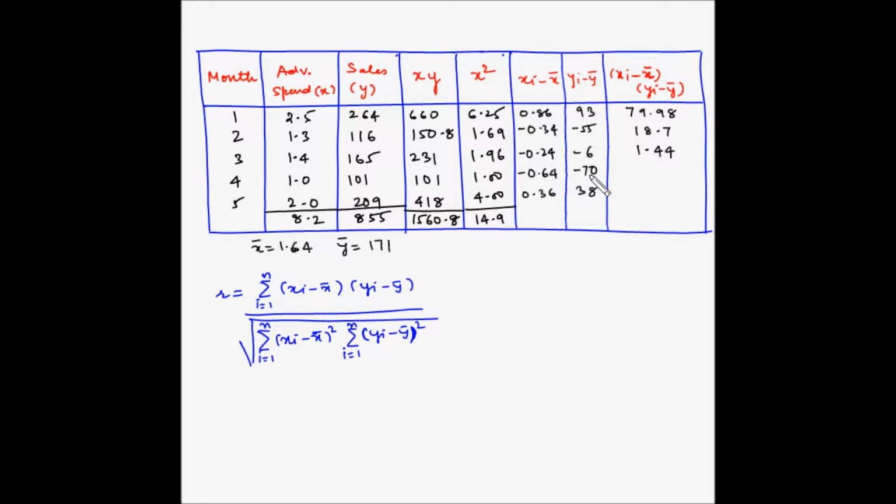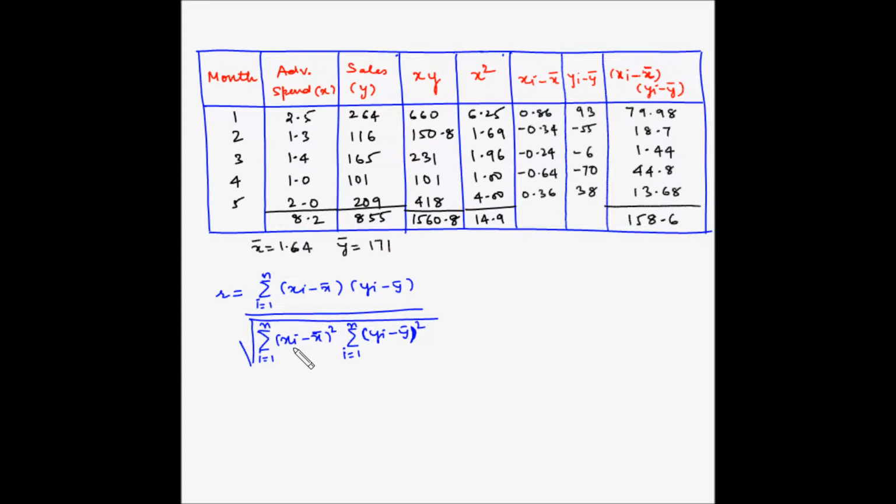Minus 0.64 multiplied by minus 70 is 44.8. 0.36 multiplied by 38 is 13.68. Now let's find the sum. The sum comes out to be 158.6. So here we have found the value of the numerator, which is 158.6.